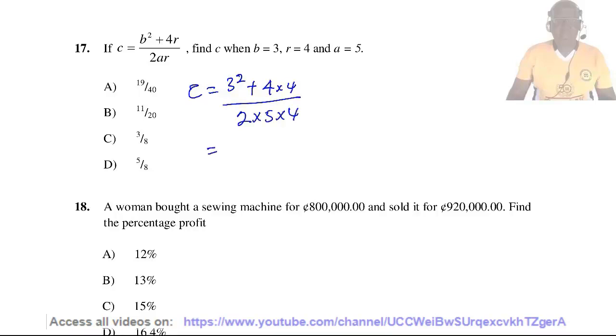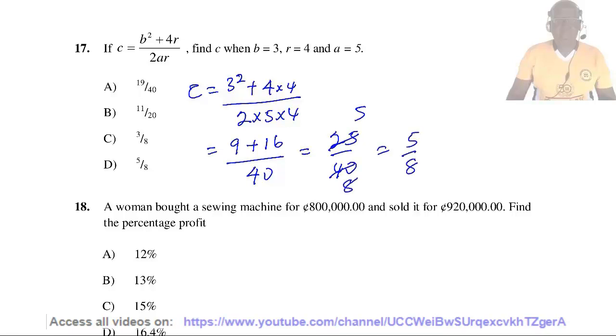We shall get 3 squared is 9, plus 4 times 4 is 16, 2 times 5 is 10, times 4 is 40. So we shall get 25/40. 5 goes here, 5 goes here, 8. So 5/8. So the answer is D.